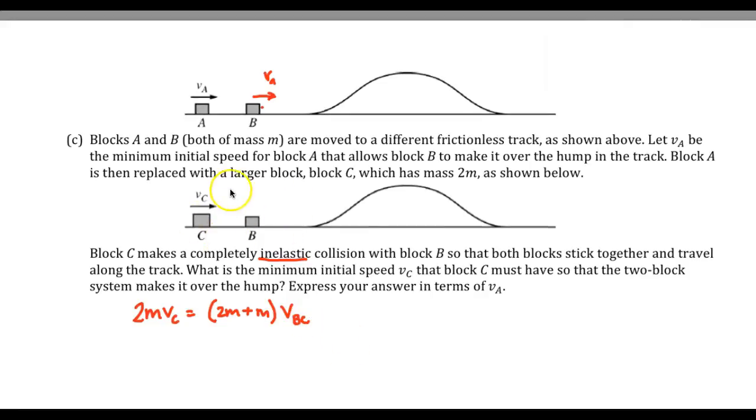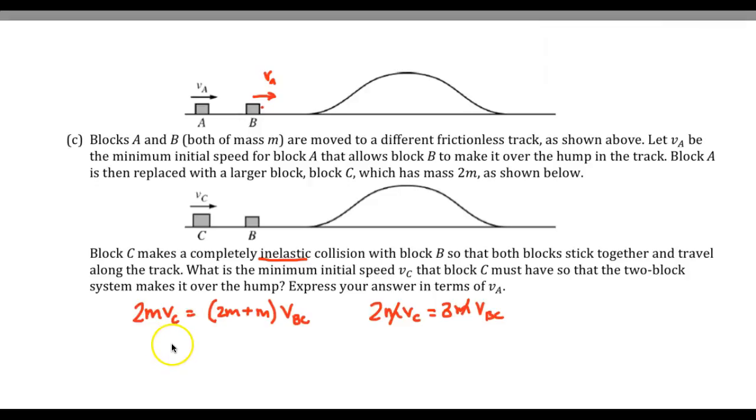That's the speed of these two blocks together. And so, simplifying a little bit, we get 2m VC equals 3m VBC. Notice the masses don't matter.